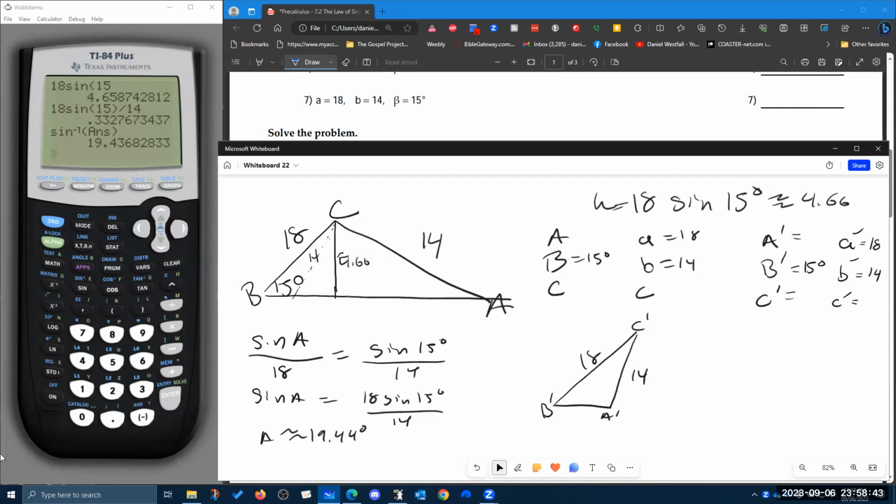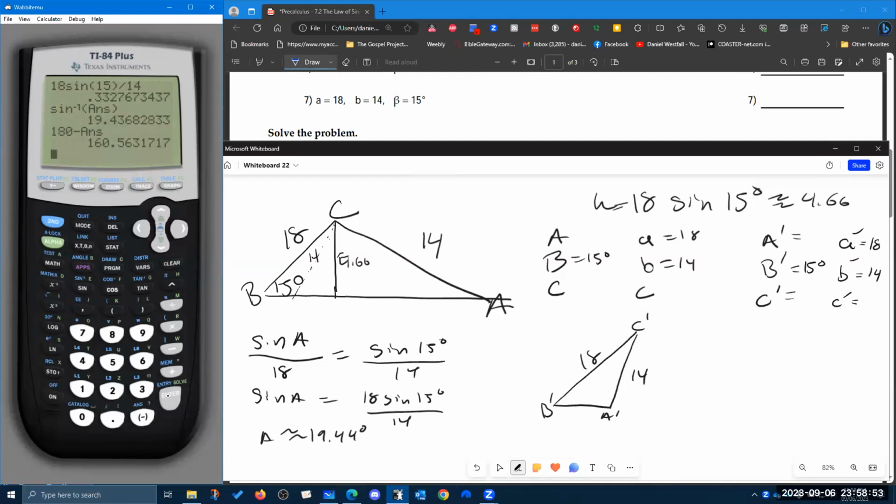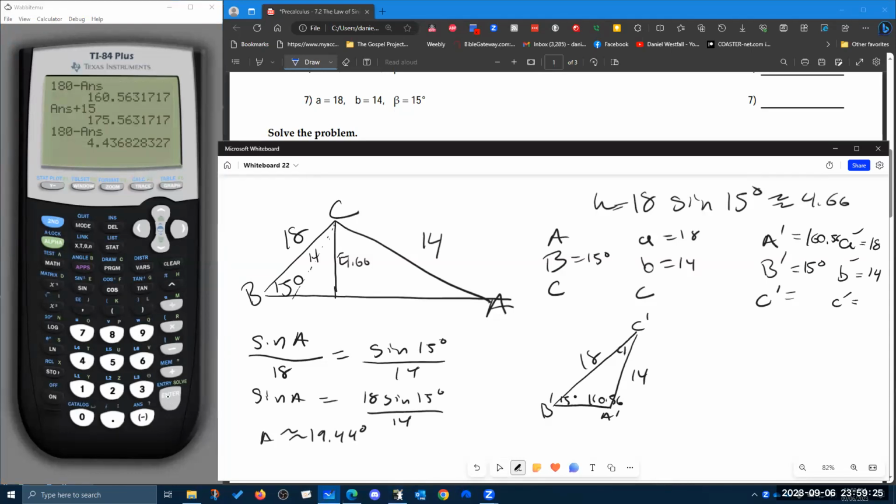What if instead this was 180 minus that answer, and that I had an A prime of 160.56, and that with my 15 degrees added to it, that's less than 180, so 180 minus that answer is going to give me 4.44 up here.